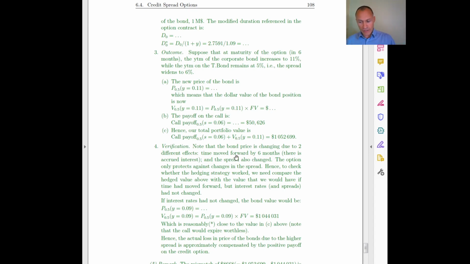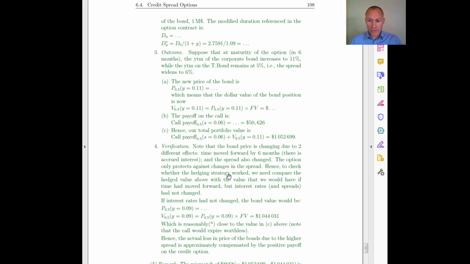So there is that effect in the value of the bond. And then there is a second effect, which is the change in spread that we discussed from 4 to 6%. Now, the option only protects against this second effect, against the change in the spread, right? So to see whether this is really hedging or not, I have to decompose these two effects and see if I am being hedged against the spread change, okay?